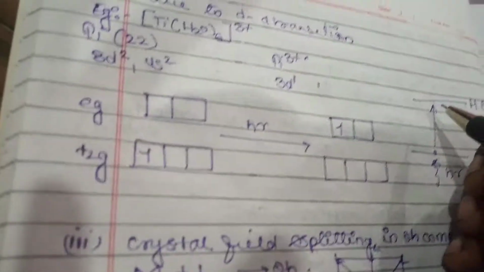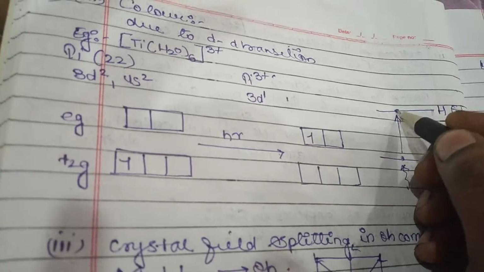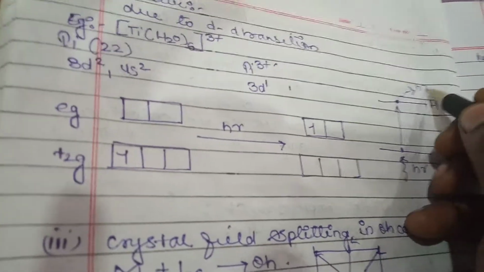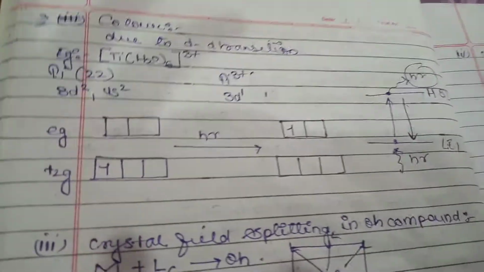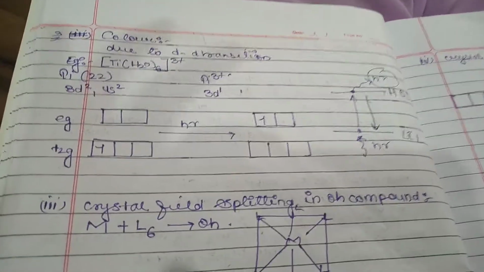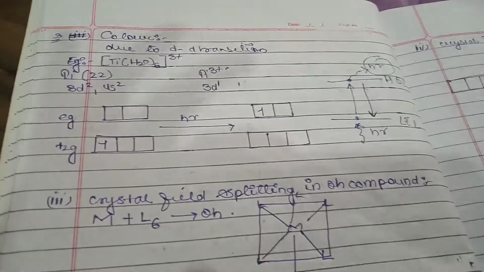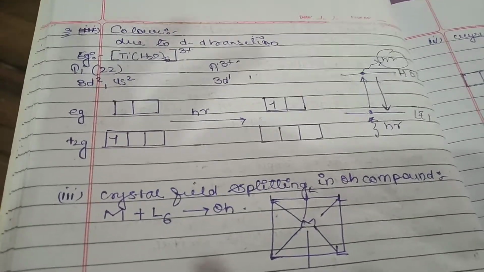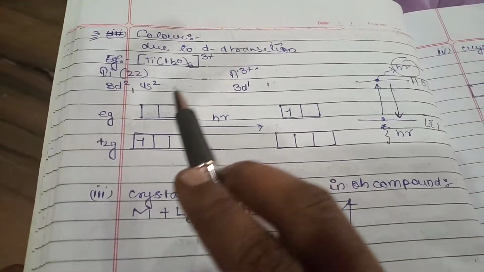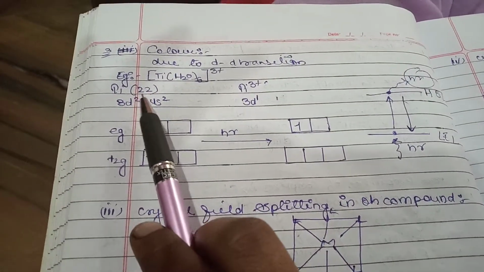But when it reaches there, it releases energy and comes back to the ground state. But if this released energy lies in the visible spectrum region, then the compound will impart color. That is the basic idea behind the color of the complex. But in this complex, we can see that titanium has an atomic number of 22.